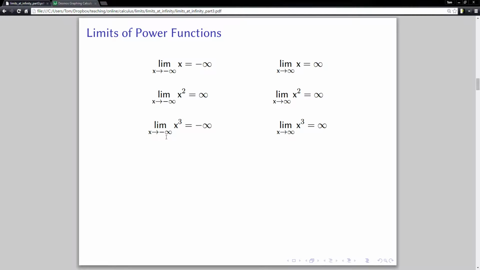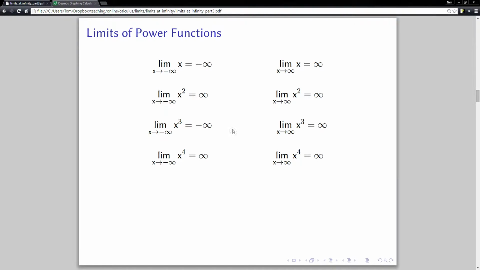And here, the limit as x goes to negative infinity of x to the third, well, 3 is an odd power, right? So if I plug a really big negative number in here and raise it to the third power, just as negative 1 raised to the third power is also negative 1, here we'll have negative infinity.